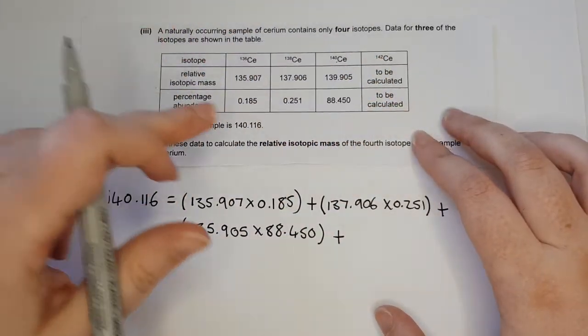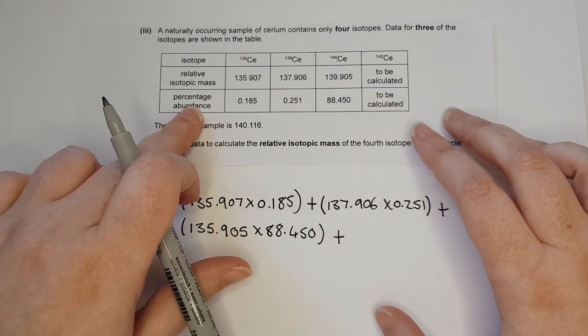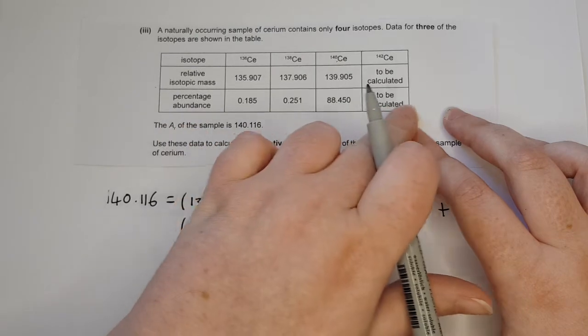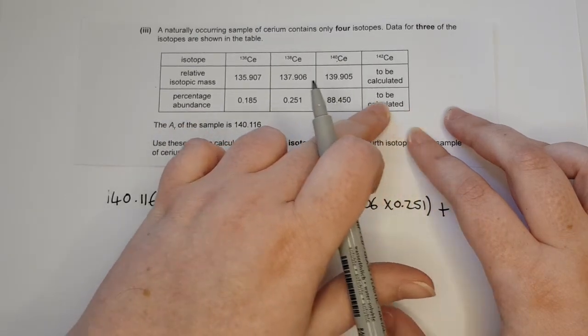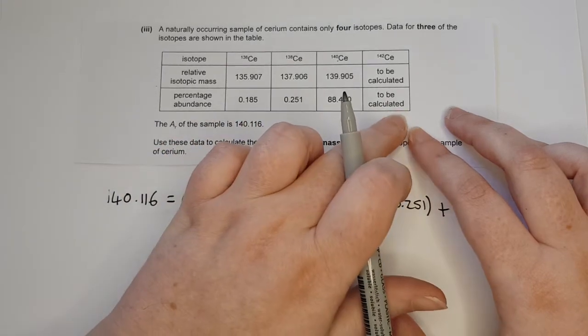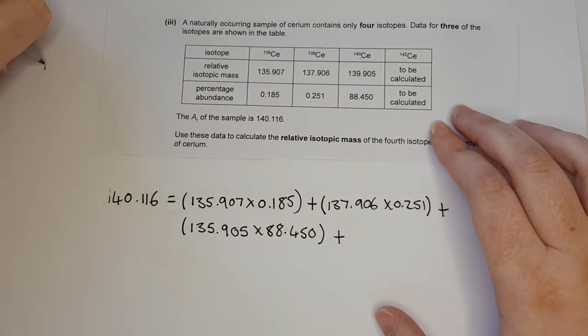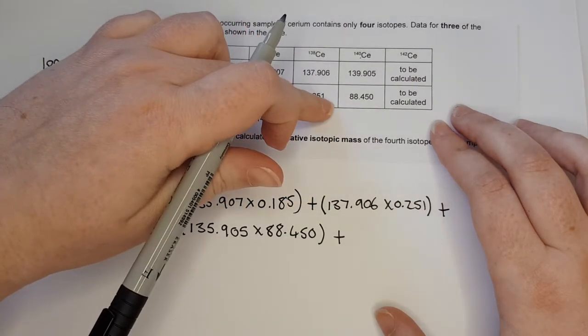So now the last one we're missing, but this percentage abundance must add up to 100 because we know you get a total of 100%. So we can find this percentage by saying 100 minus each of these percentages.